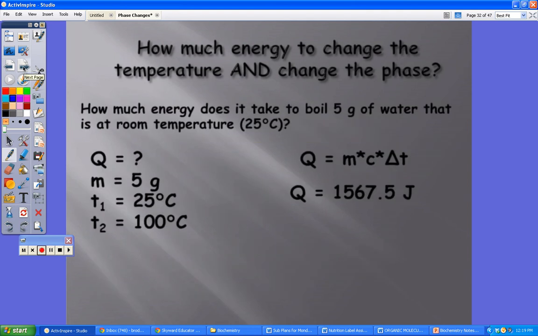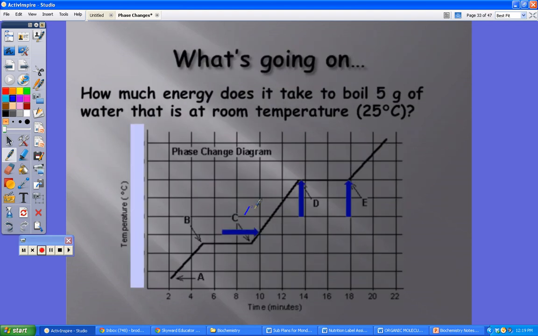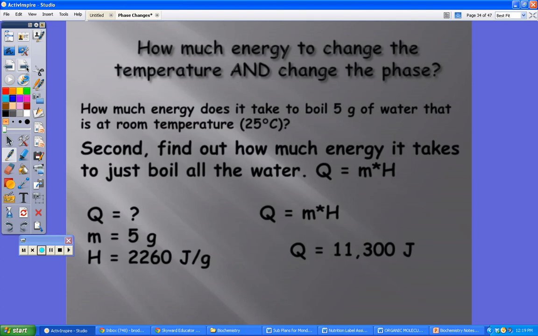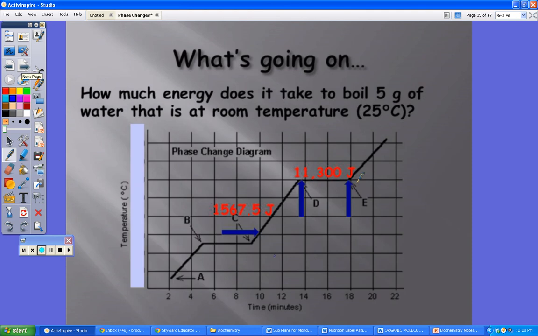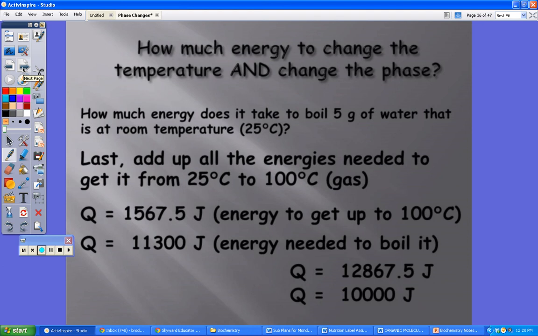We start plugging in values. Our Q equals mc delta T value comes out to be 1567, so that's here. Our second Q value comes out to be 11,300, which is here. You add those two together to get the total value, so about 12,867 joules.